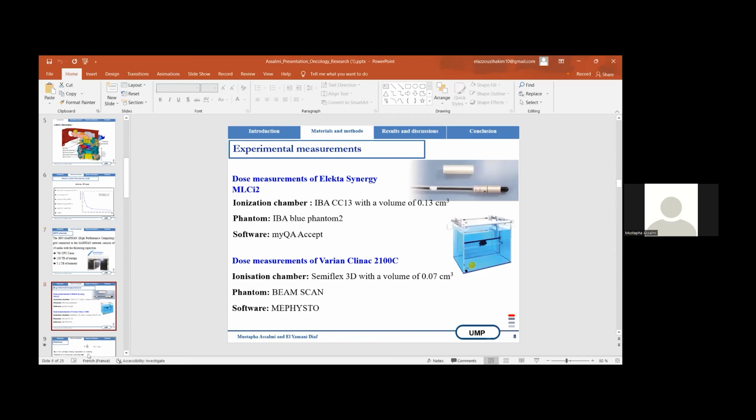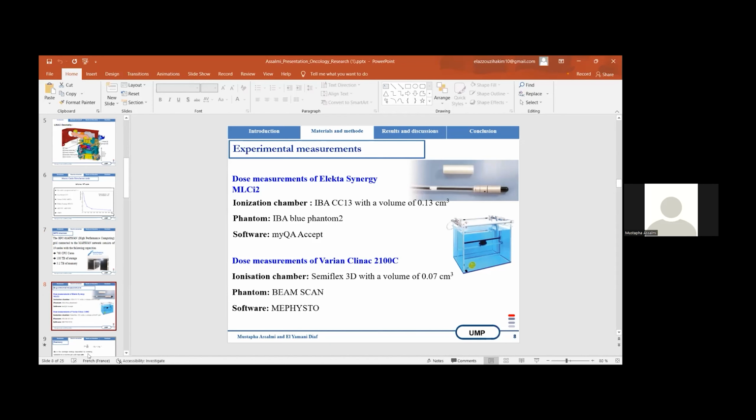The measurement data for Elekta Synergy MLCi2 were acquired with the IBA CC13 ionization chamber for different field sizes in a Blue Phantom 2 water phantom, and data acquisition was performed with MyQA Accept software.